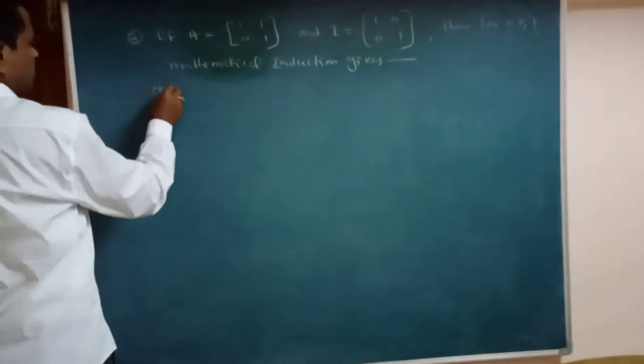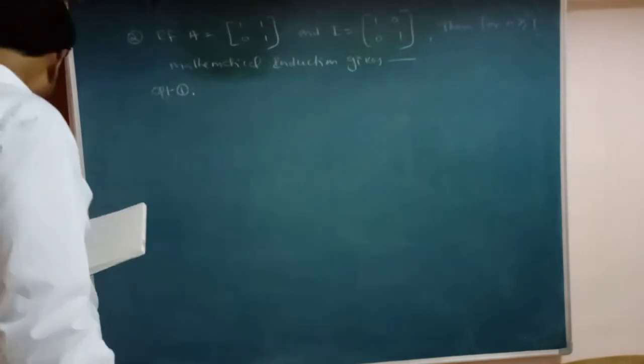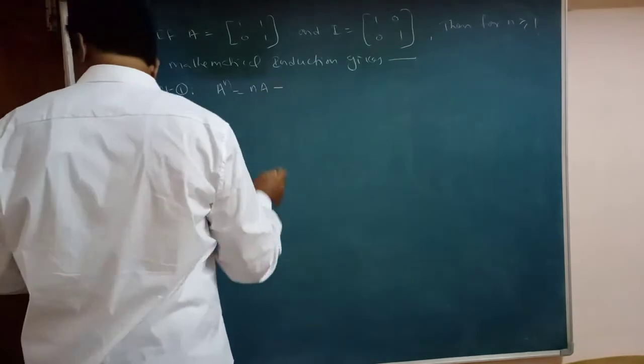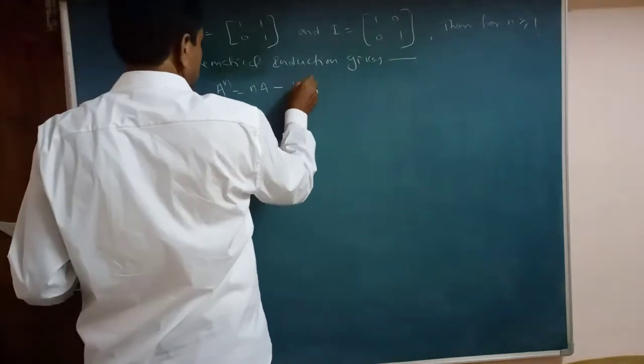For example, option 1: A power n equals nA minus (n minus 1) into I.